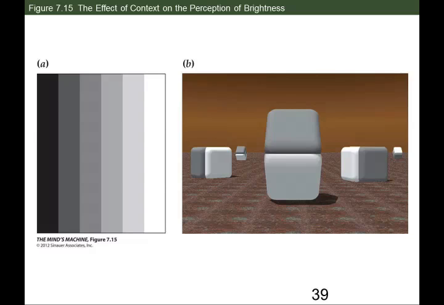Okay? So if I'm measuring from a specific cell in V1, let's say this is a cell that gets turned on by a horizontal line, then the opposite of that would be a vertical line. If I present a horizontal line, you're going to hear a lot of action potentials. If I present a vertical line, you're going to hear almost zero action potentials because it's turned off by vertical lines.